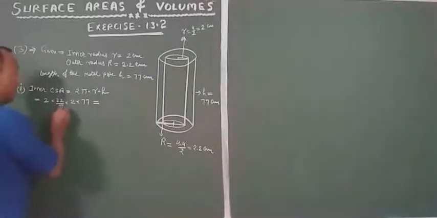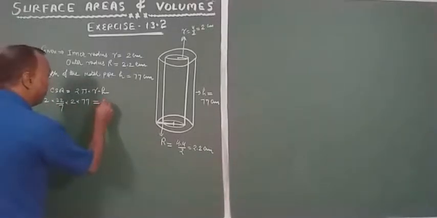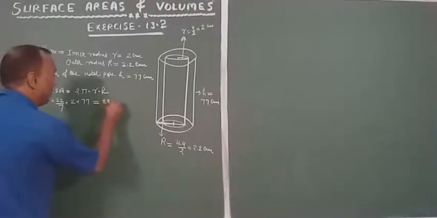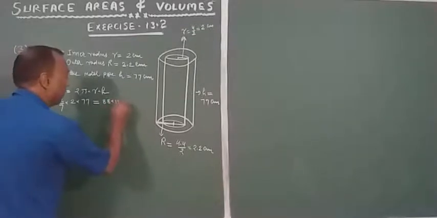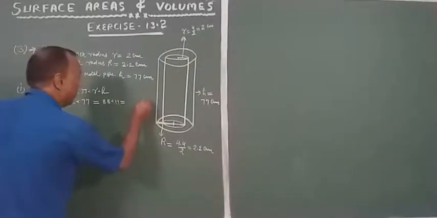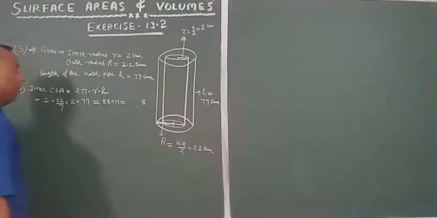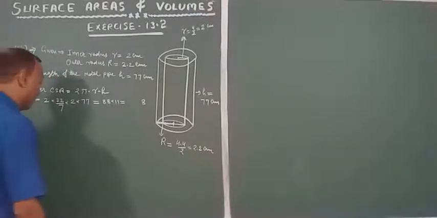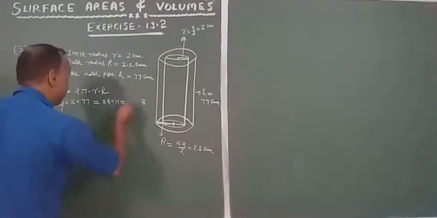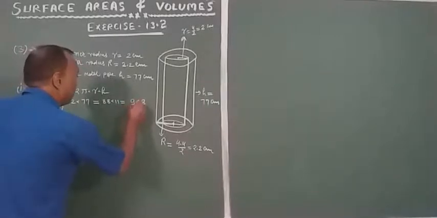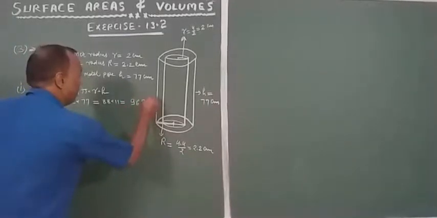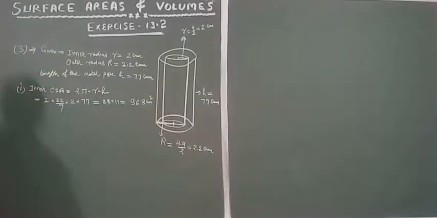Now 7 into 11, 2 twos are 4, 4 into 22 is 88, 88 into 11 is 968 centimeter square. So the inner CSA is 968 centimeter square.